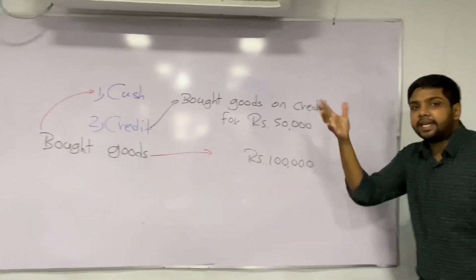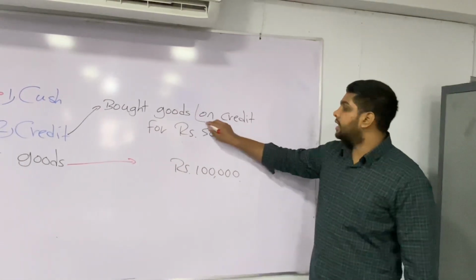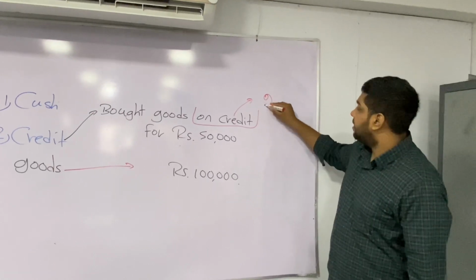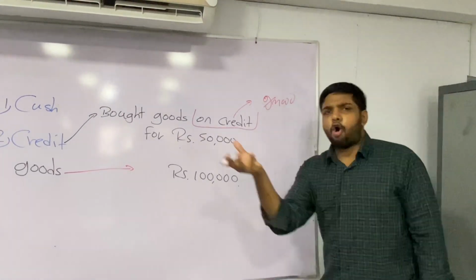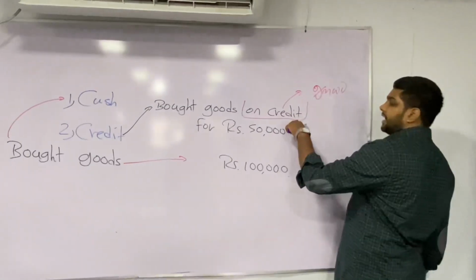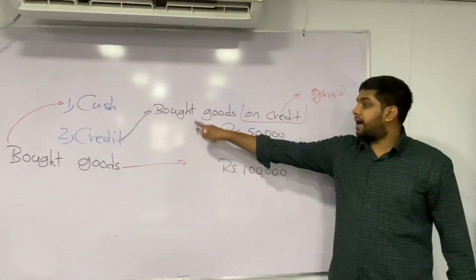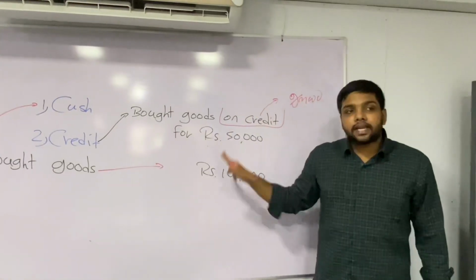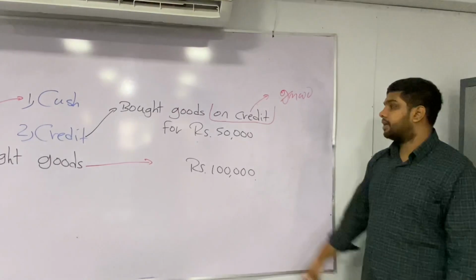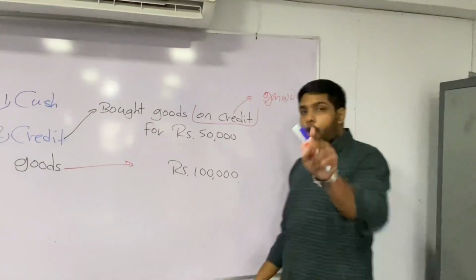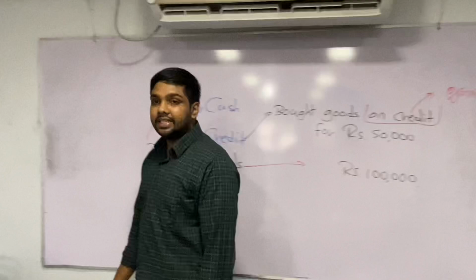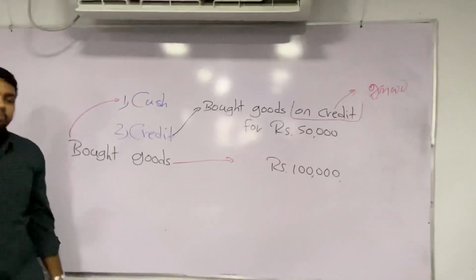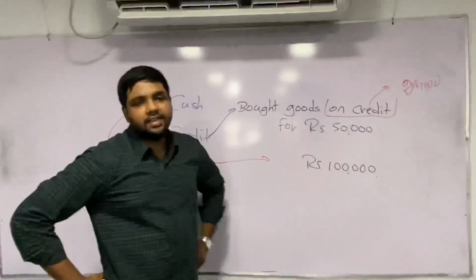Yes, I am emphasizing a set of words: on credit. I have bought on credit, right? So when you buy goods on credit for 50,000, in the transaction itself they have mentioned what? On credit, which means obviously it is what transaction? Credit transaction.